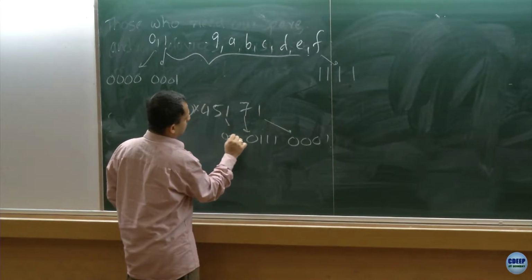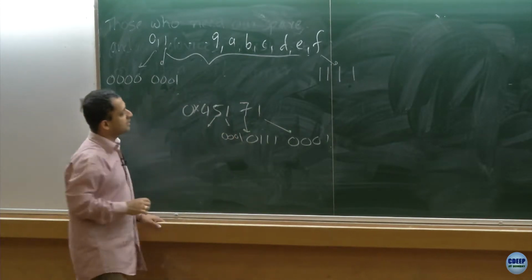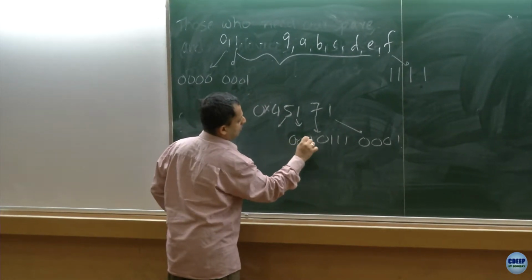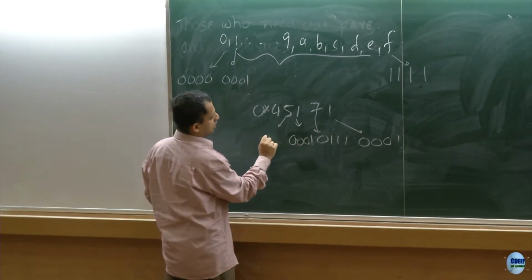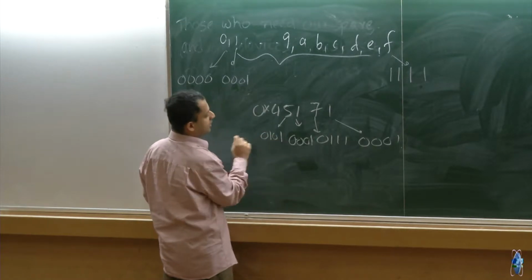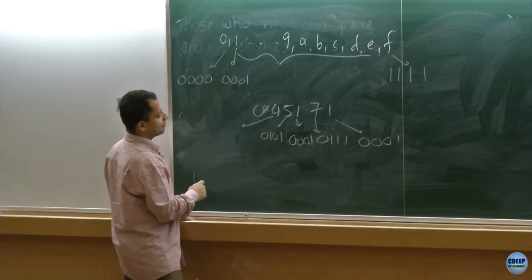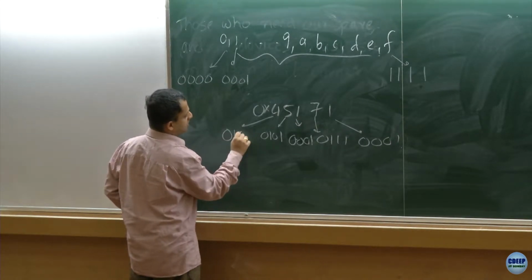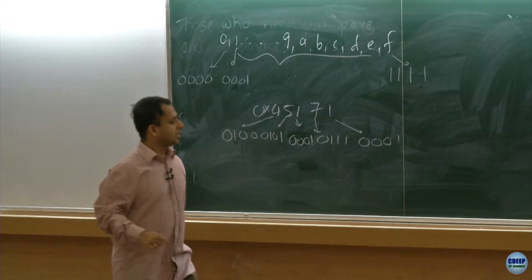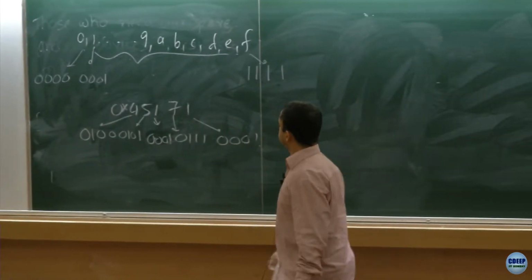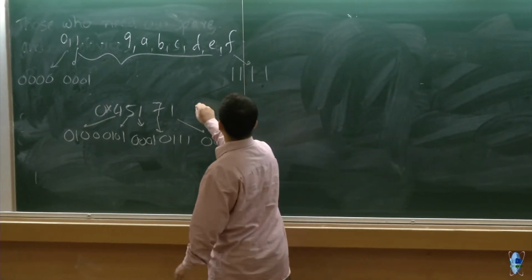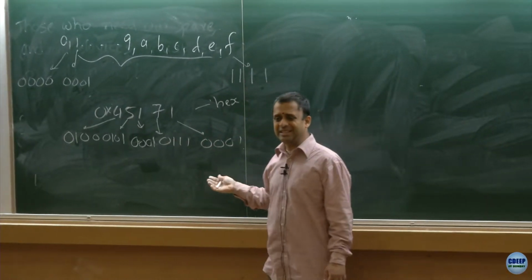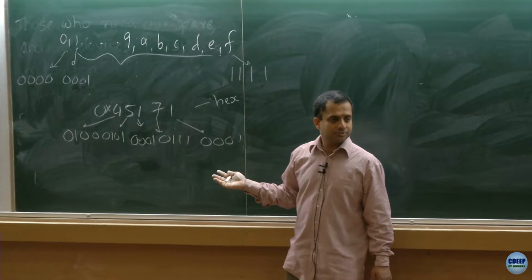This is 0001. 5 is 0101. 4 is 0100, right? So in hardware, this hex is going to be written this way. You can easily see that the correspondence helps.